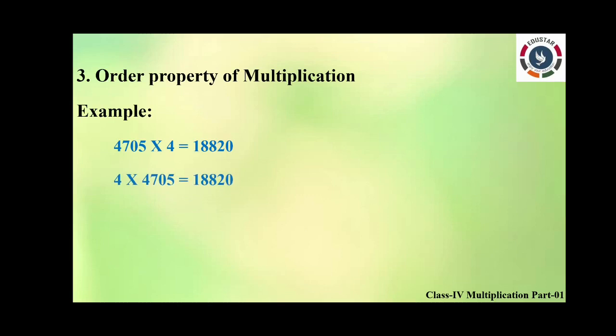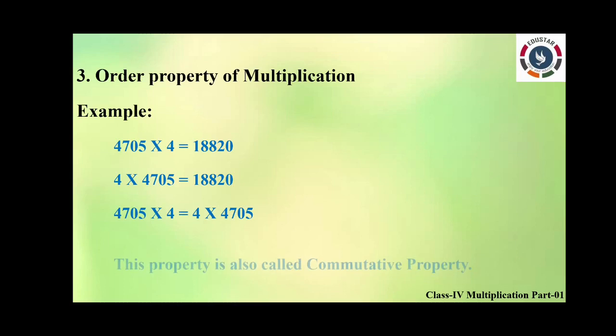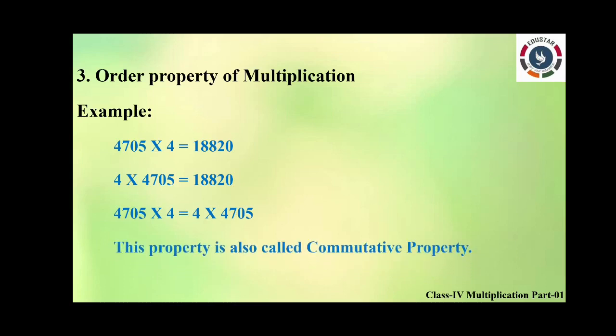When 4 is multiplied with 4705, we get the product 18,820. From this, what did you understand? Yes, 4705 into 4 is equal to 4 into 4705. We can say multiplication is commutative.